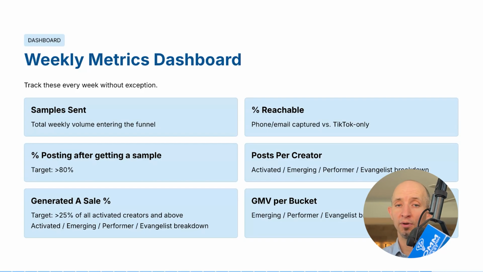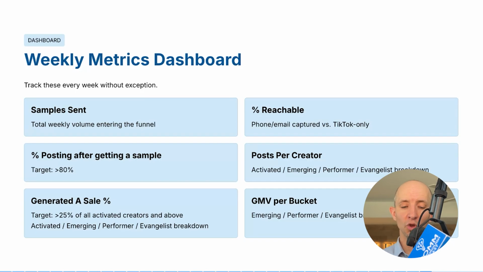Then a separate number: how many posts were created on average for all the creators in my emerging bucket? Then a separate metric: the average number of posts per creator for my performing creators. And last but not least, I want to do the same thing for my brand evangelists. How many posts per creator over the past week were created? So you're going to do that with those four individual buckets.